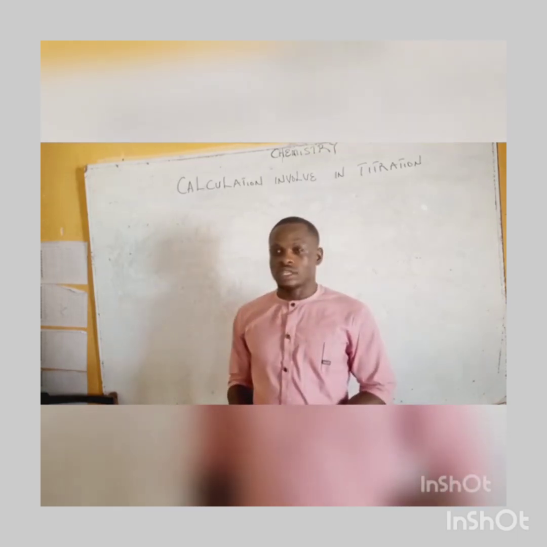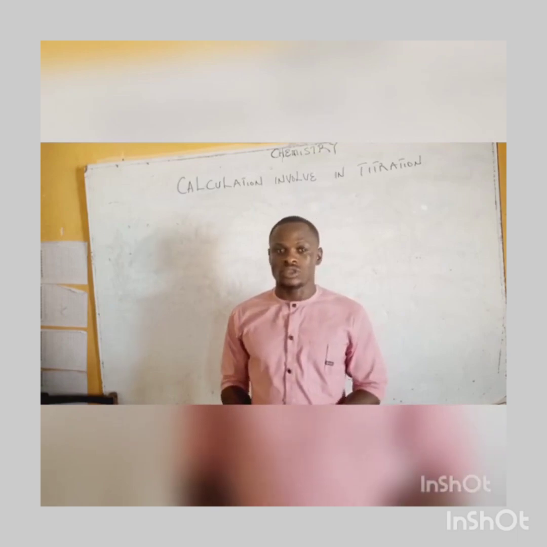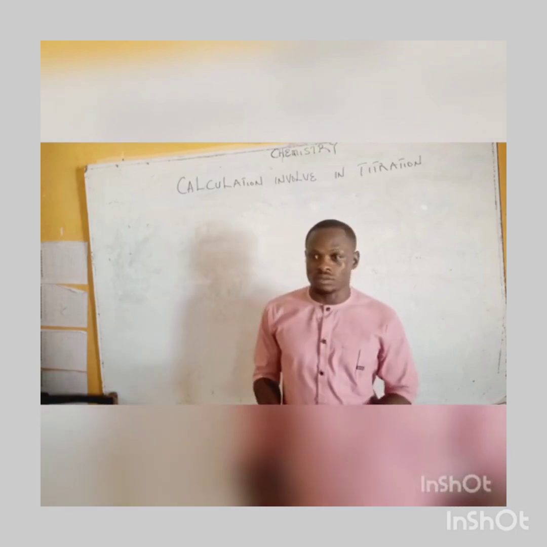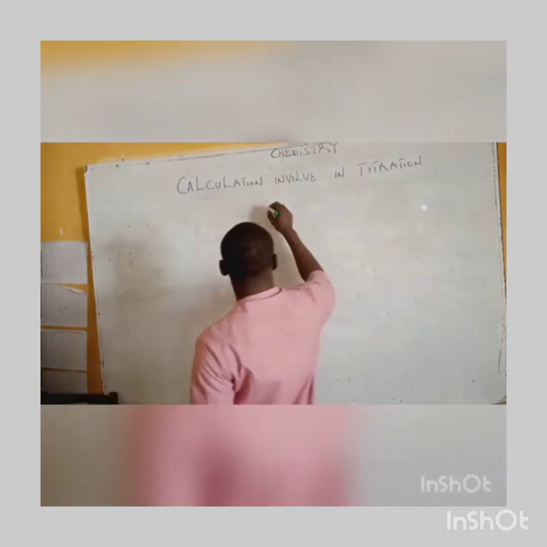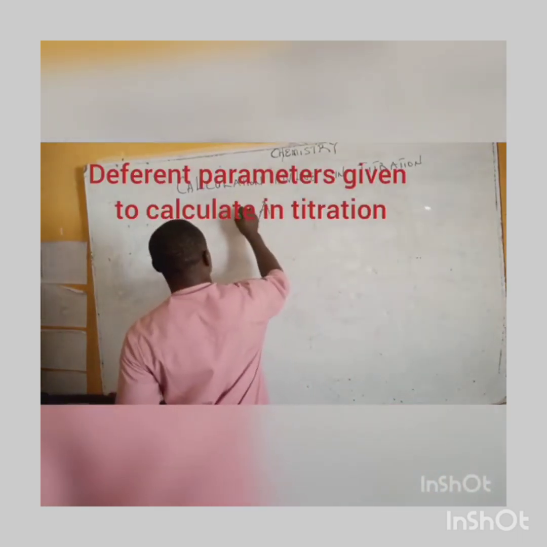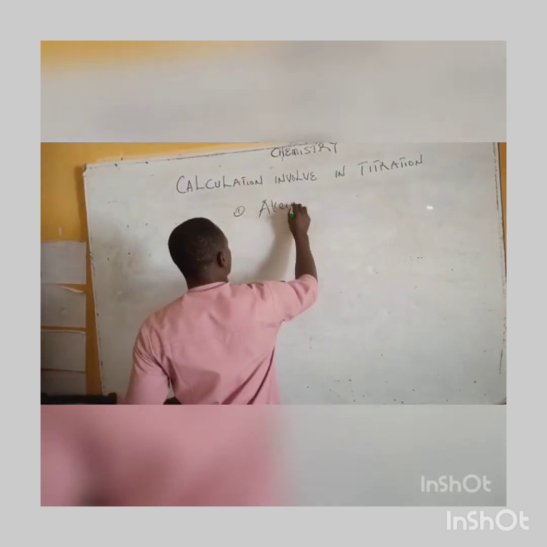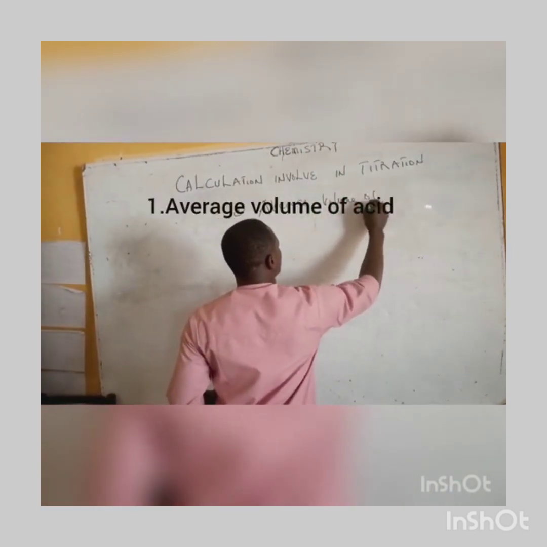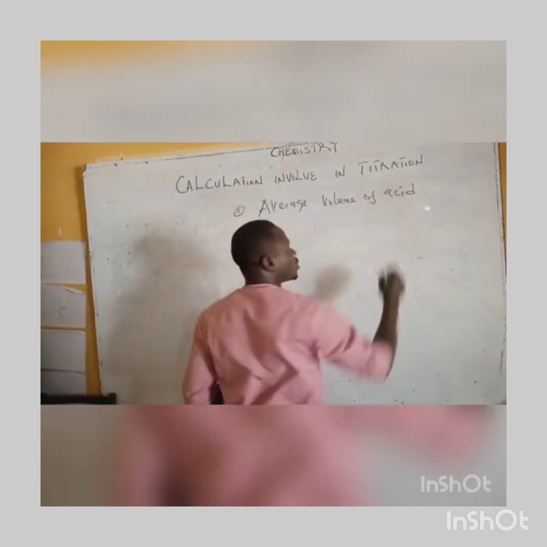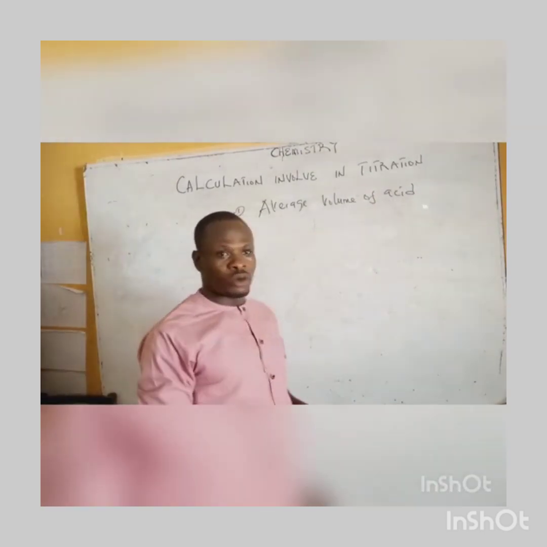We are going to look at the various parameters used in doing calculation in chemistry. One of the parameters we are going to look at is average volume of acid. How do you calculate average volume of acid?